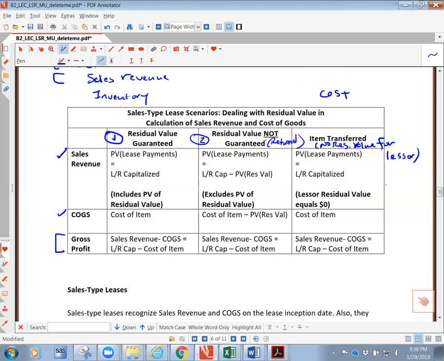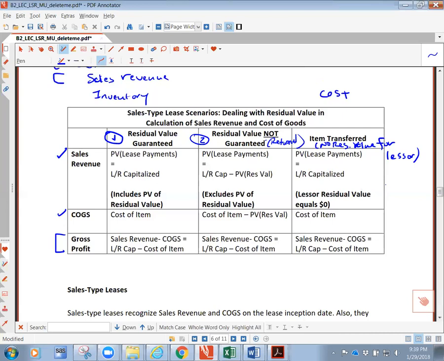And that's okay, because it was taken into consideration when the lease was originally negotiated, okay? But from an accounting perspective, we just have to understand who's getting what when. All right, and if the item's transferred, the lessor, even if it says the thing's worth $20,000, they're not getting any of it. So the lessor's effective residual value or actual residual value when the item is transferred is zero.